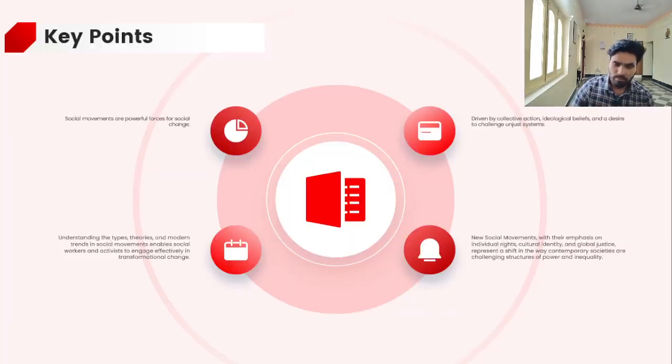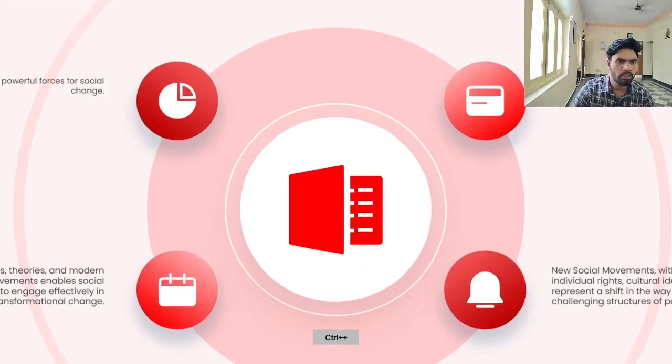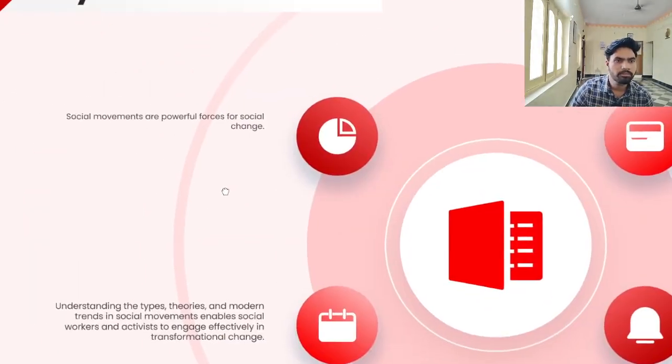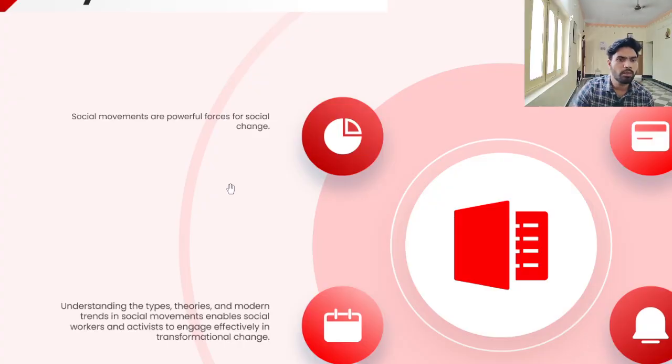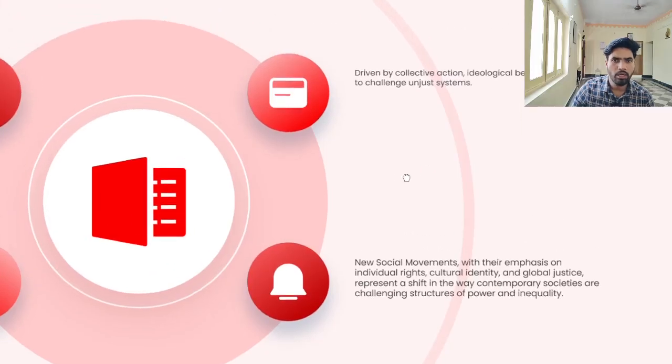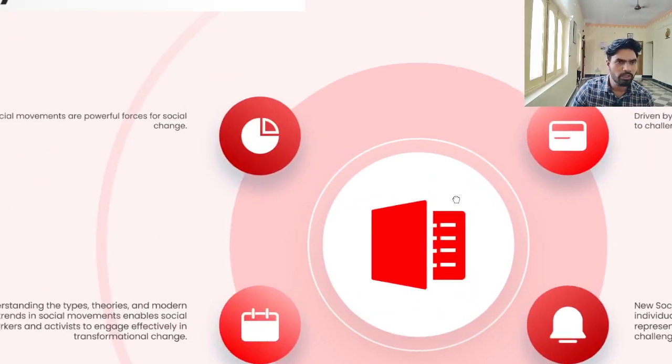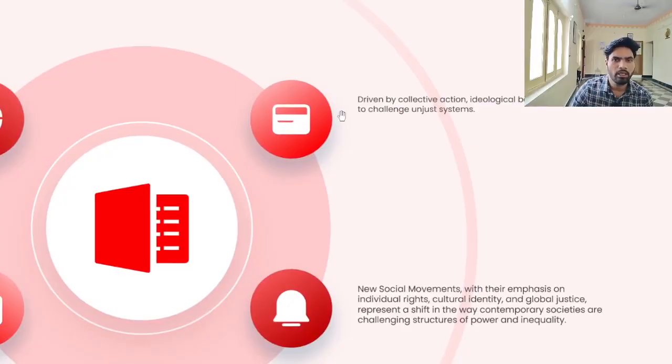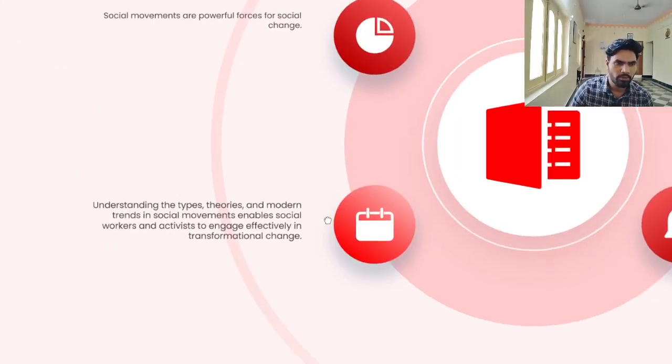So, how can we conclude this topic? Social movements are powerful forces for social change. That you have to agree. They are driven by collective action, ideological beliefs, and a desire to challenge unjust systems. That is their importance.